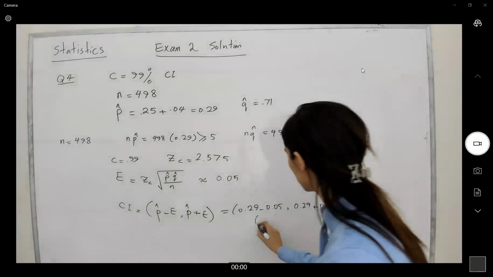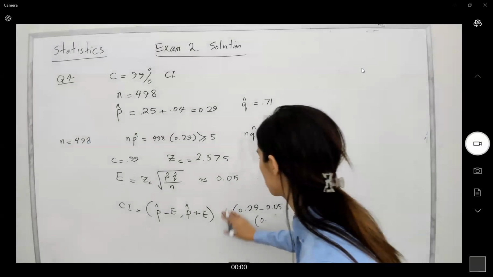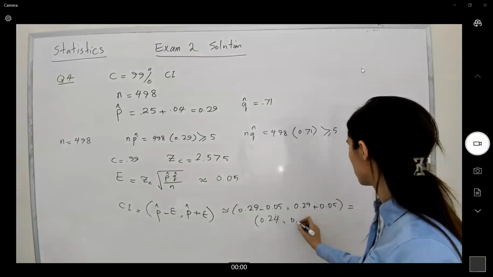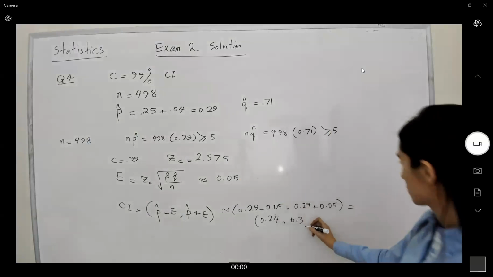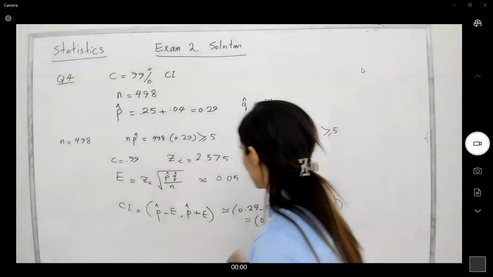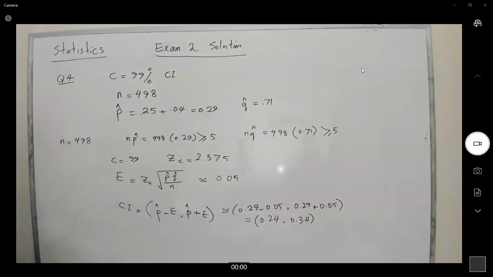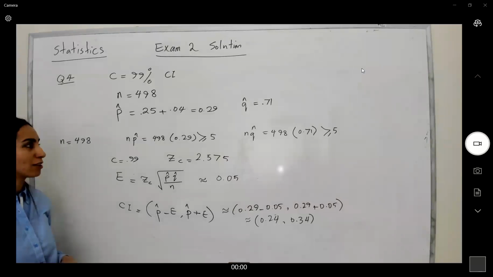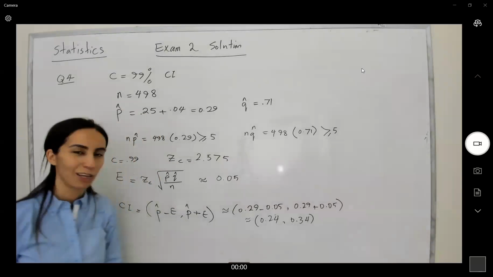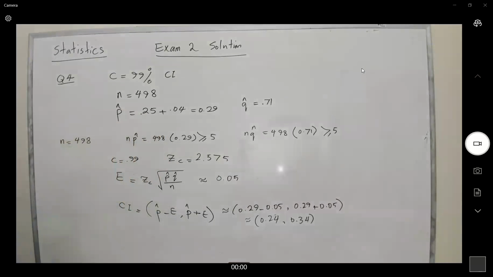If you do the calculation, it's approximately 0.24 and 0.34. So we are 99% confident that the proportion of US adults who think that teenagers are not dangerous drivers is between 24% and 34%.